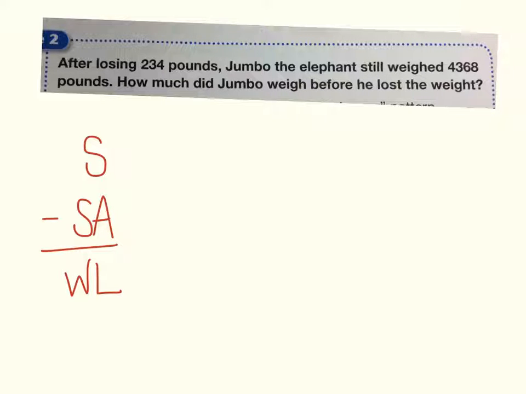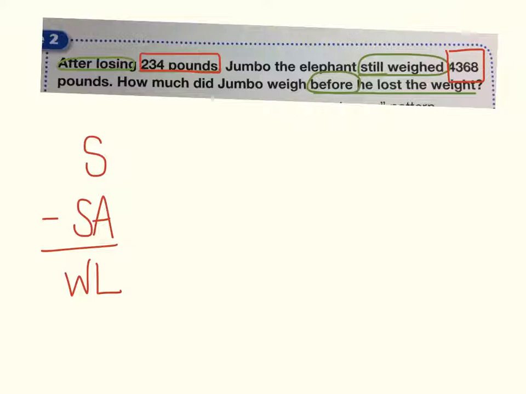So here we have: after losing 234 pounds, Jumbo the elephant still weighed 4,368 pounds. Big boy, he's an elephant. So how much did Jumbo weigh before he lost the weight? Those are important words.